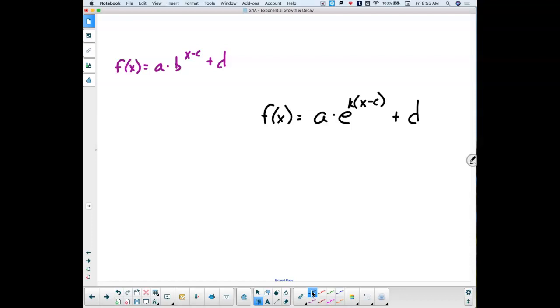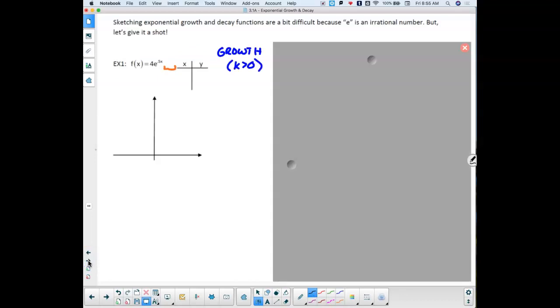Is the intercept at 0, 4? So you're saying that the y-intercept is at 0, 4? Do we agree with that? I agree with it, but it's also kind of confusing. Because you said the d moves it up and down. So if the y-intercept is moved up, wouldn't the a be moving it up and down?